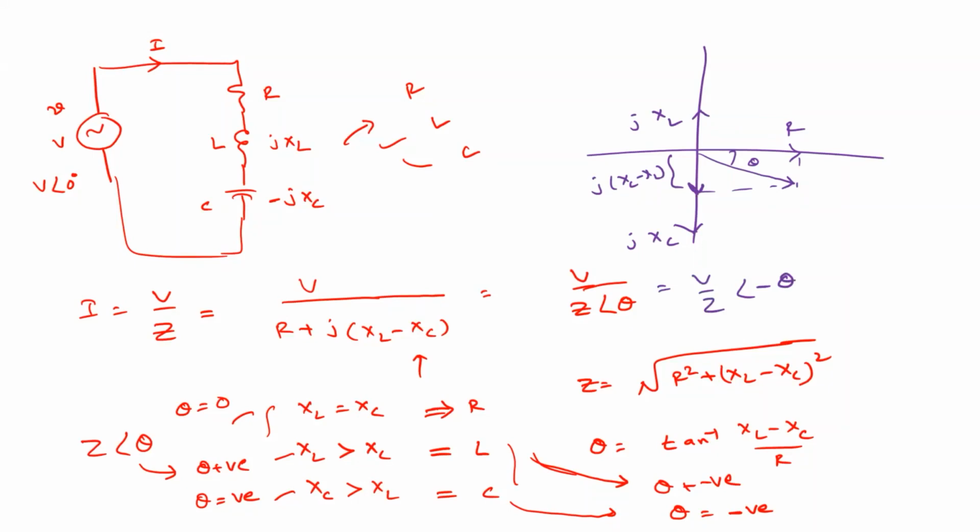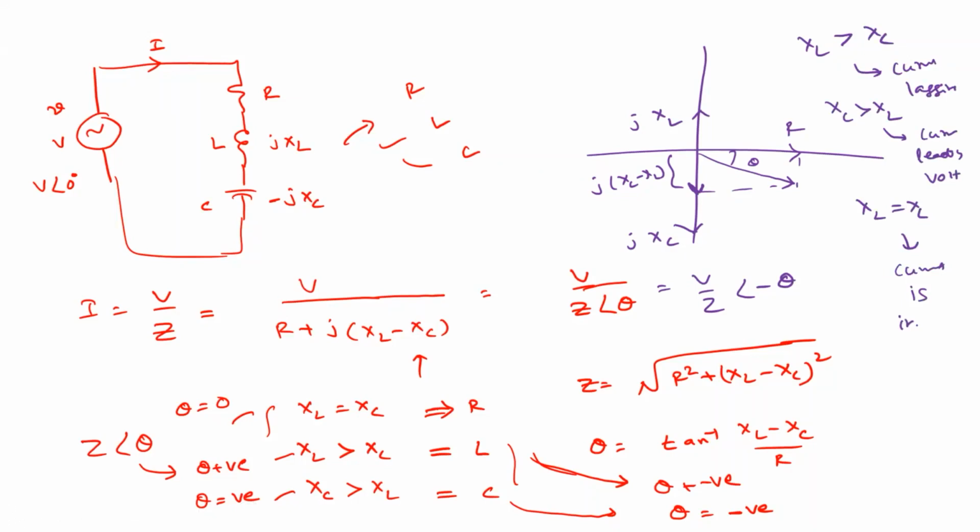So what we understood is that if XL is greater than XC, the current is lagging the voltage. If XC is greater than XL, the current is leading the voltage. If XL equals XC, both current and voltage are in phase.